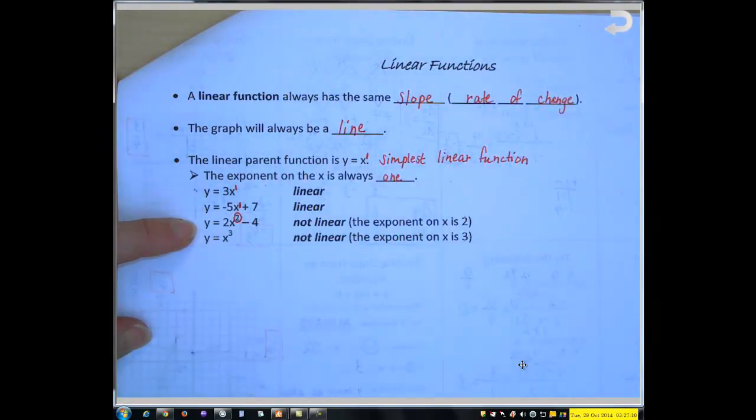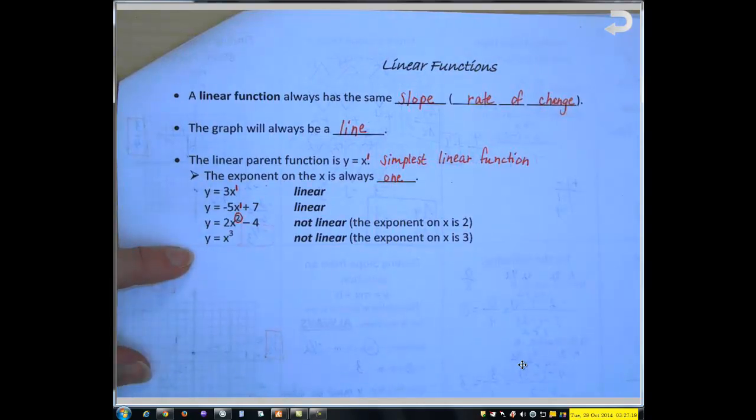Notice that it's a 2. So this means that this is not a linear function because the exponent on the x is a 2. Circle the exponent in this equation. You should have circled a 3. This is also not linear because the exponent on the x is a 3.